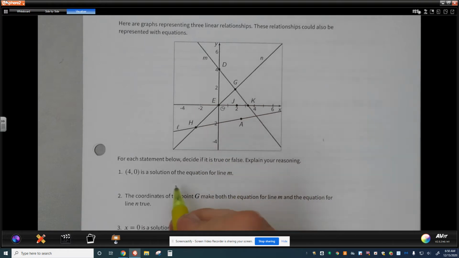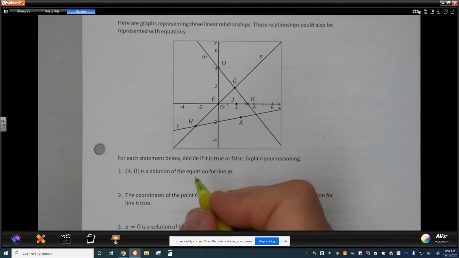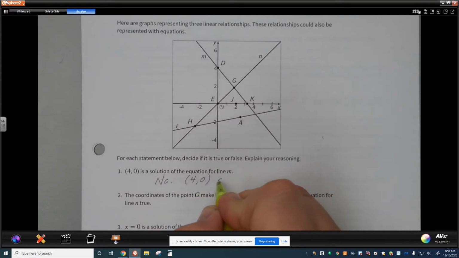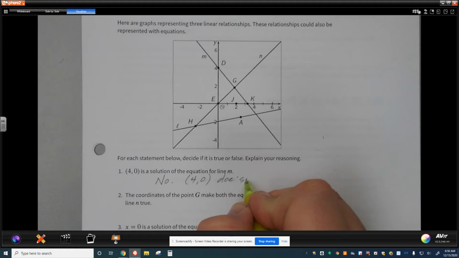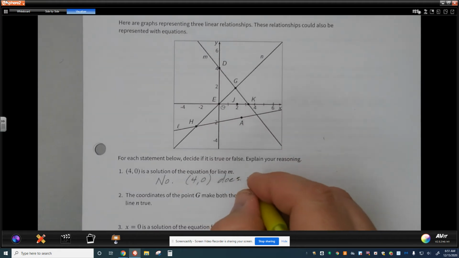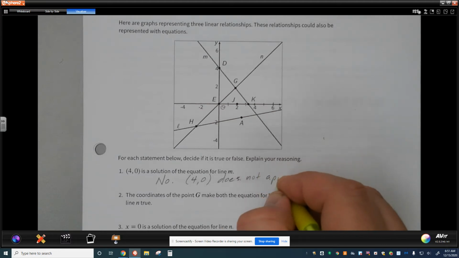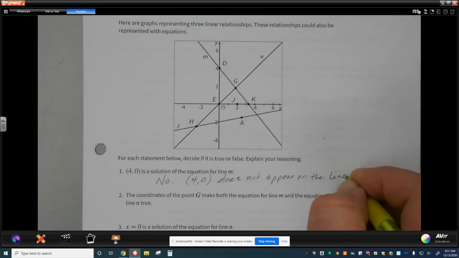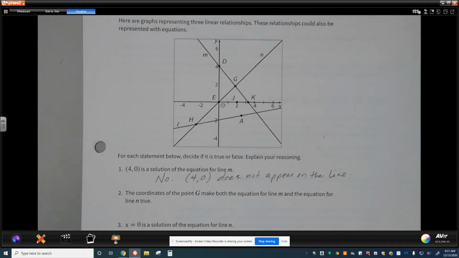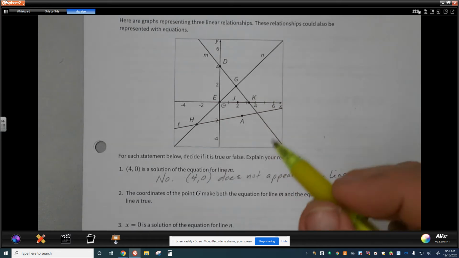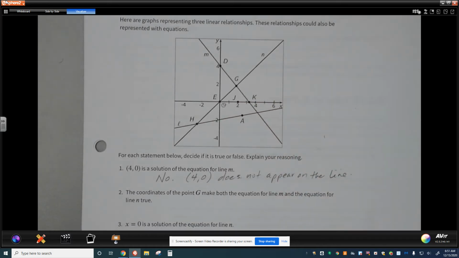So is 4, 0 a solution to the equation for line M? No. 4, 0 does not appear on the line. It is a point on the coordinate plane, but it does not appear on the line itself, so it can't be considered a solution for line M.